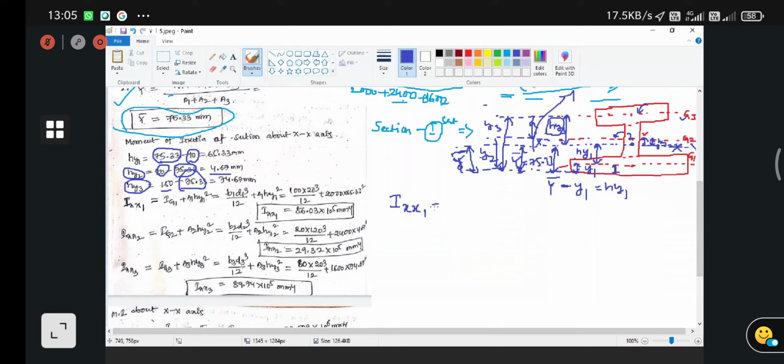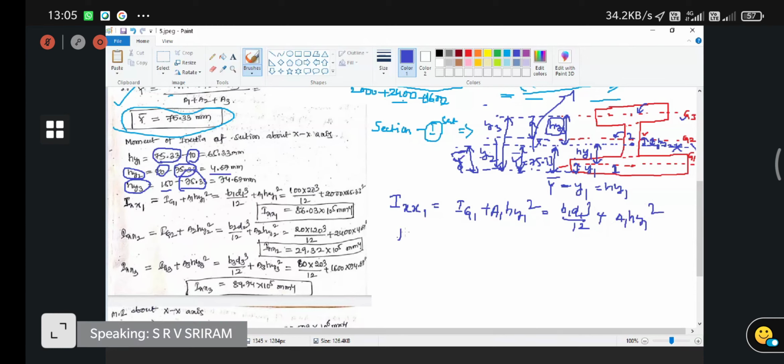So IXX1 is the moment of inertia for the first section, which is equal to the centroidal moment of inertia plus area of that first section into hy1 whole square. hy1 is the distance between those two parallel axes for the first section. The central moment of inertia is b d cube by 12, plus area of that first one into hy1 whole square.